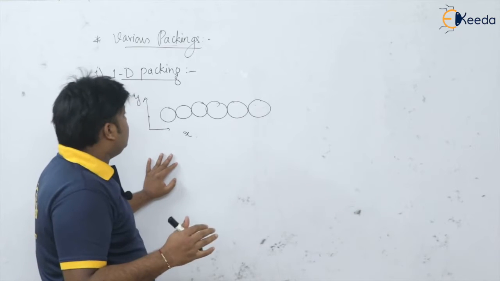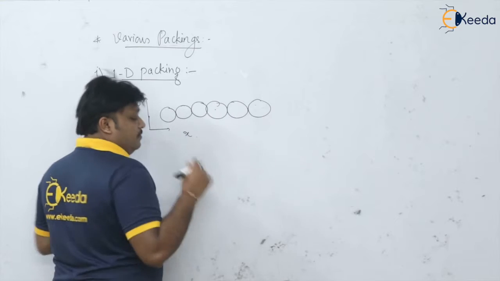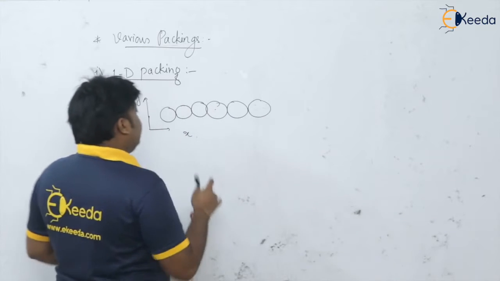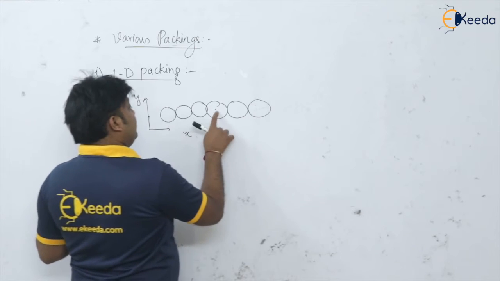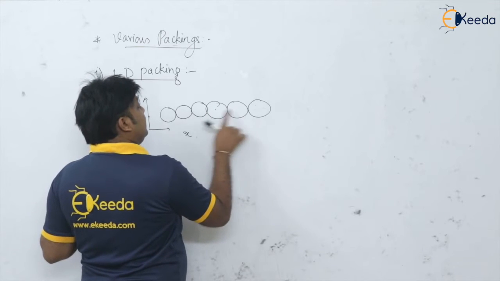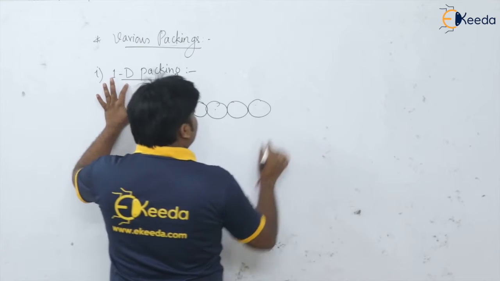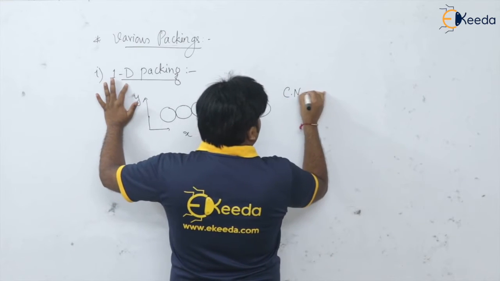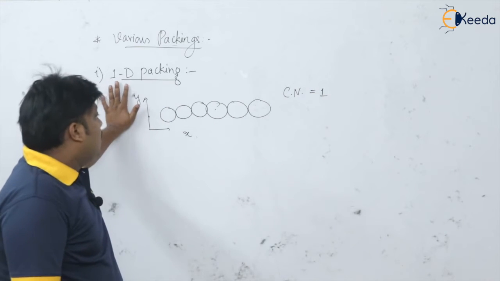So in a one dimensional packing system, if you take any atom under consideration, then tell me what is the coordination number for this. Any atom you take, it is in touch with the two neighboring atoms. So for one dimensional packing, the coordination number is 2. Isn't it?